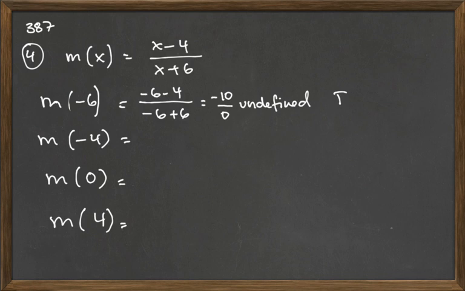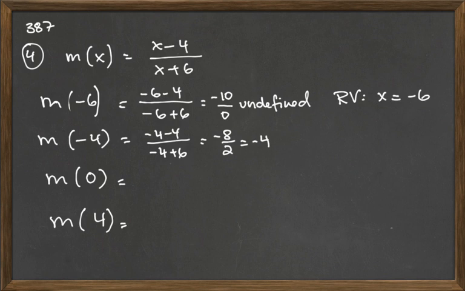So that tells us that the restricted value is x equals negative 6. M of negative 4: negative 4 minus 4 over negative 4 plus 6 is negative 8 over 2, which would be negative 4, right?